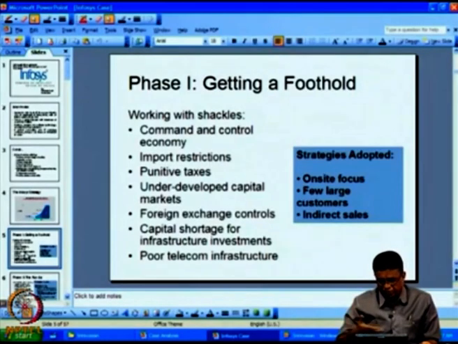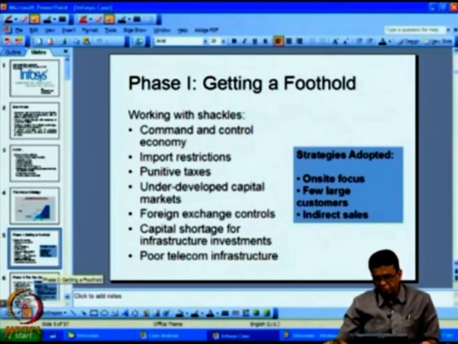So, getting a foothold, what was the type of strategies adopted by the company? It was really working with shackles: command and control economy, import restrictions, punitive taxes, underdeveloped capital markets, foreign exchange controls, then capital shortage for infrastructure investments, then the poor telecom infrastructure.